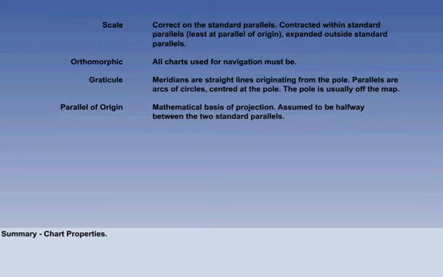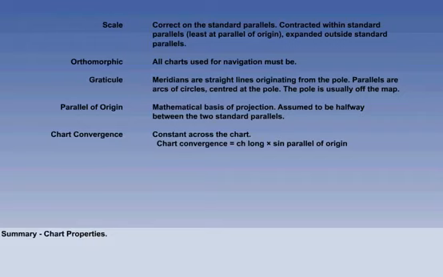In fact, because of Lambert's adjustments, it is not perfectly in the center, but the difference is negligible. The chart convergence is constant across the chart. The equation is that chart convergence equals the change of longitude times the sine of the parallel of origin.